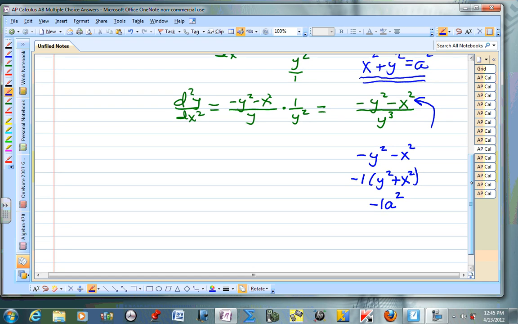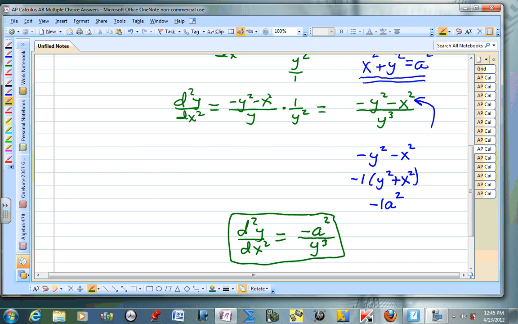Like I said, they hit us with a little cheap shot, but we're not scared. So we get the second derivative of y with respect to x is, on top we get negative 1 times a squared over y cubed. And this one does match one of the options. Matches option letter D, as in defense.